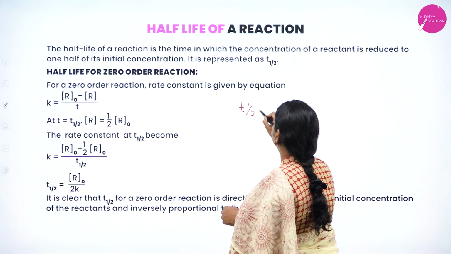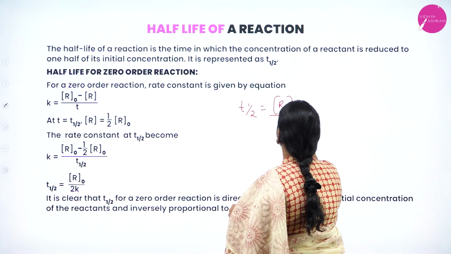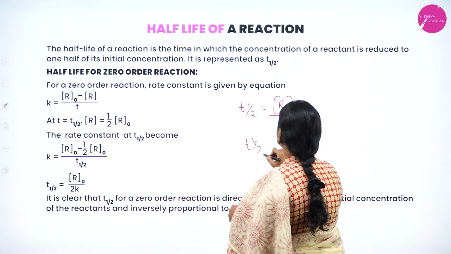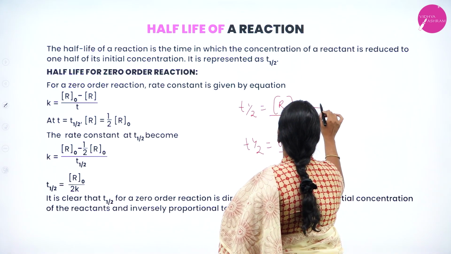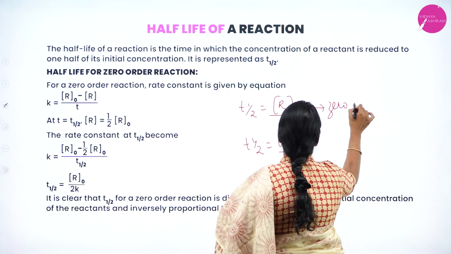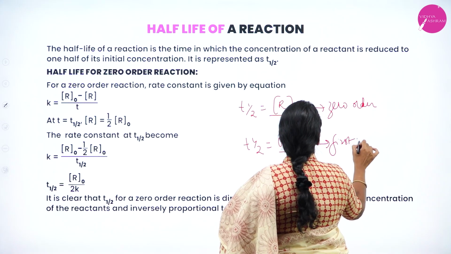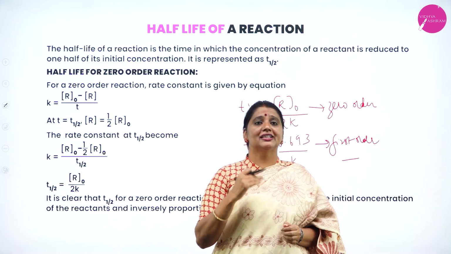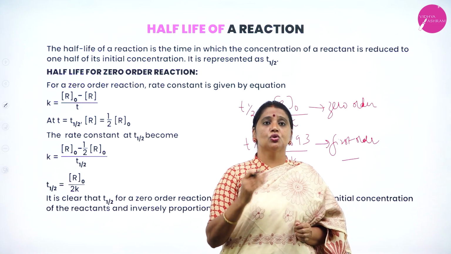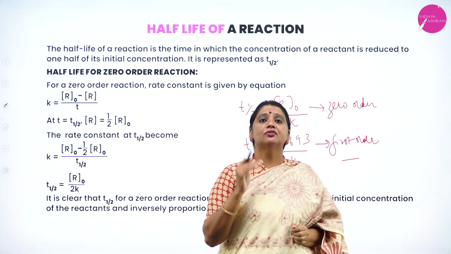T half for zero order is equal to the initial concentration of R divided by 2K, and T half for first order is 0.693 divided by K. So today I derived two integrated equations as well as two half-life period expressions, one for zero order, the other for first order.